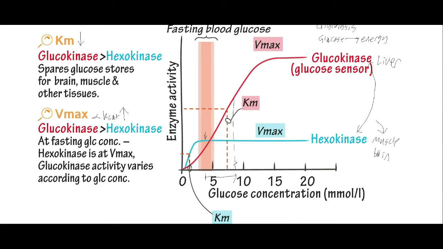So if we have our blood sugar up here, now we want this to be doing a lot of the work, because we want to remove that glucose from our blood so that we go back to our normal blood glucose levels. We see here that this reaches its max pretty quick. This, which has the higher Km, reaches its max much slower, but it has a much higher max.